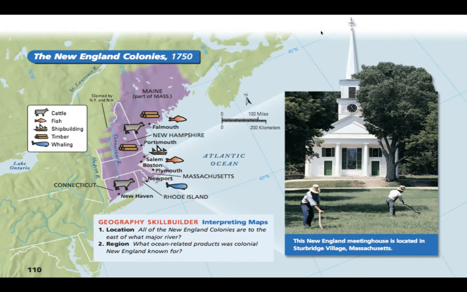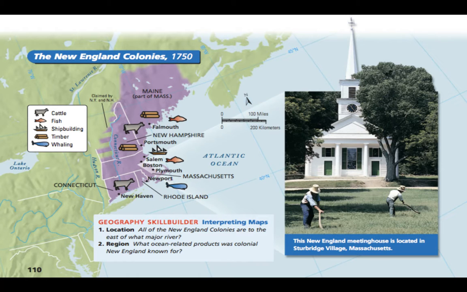Okay. So you can see the products that were made or manufactured in the New England colonies, the northern colonies. And you can tell that they are centered around the idea that these colonies are so close to or along the Atlantic Ocean.